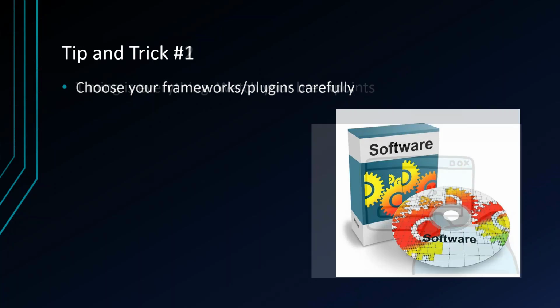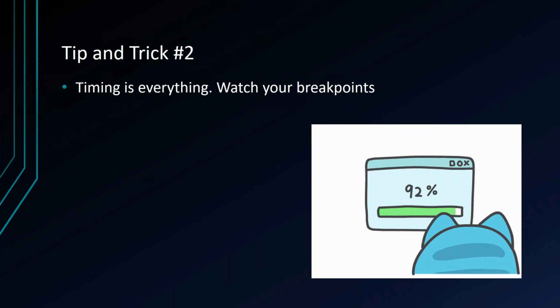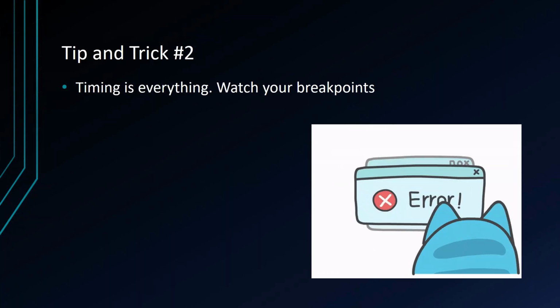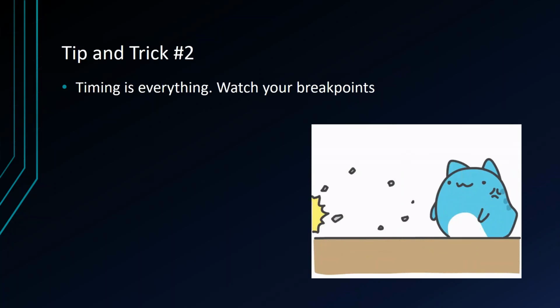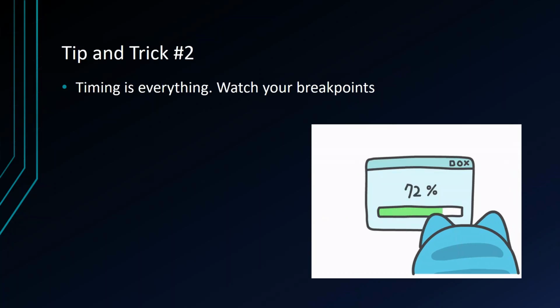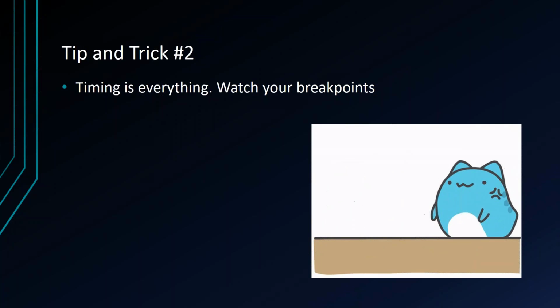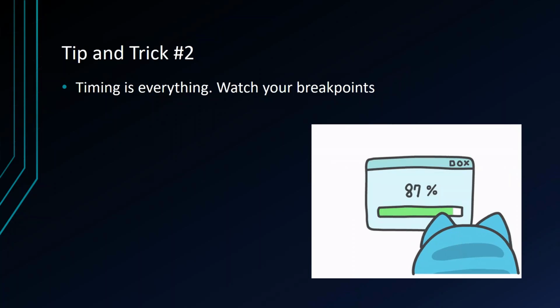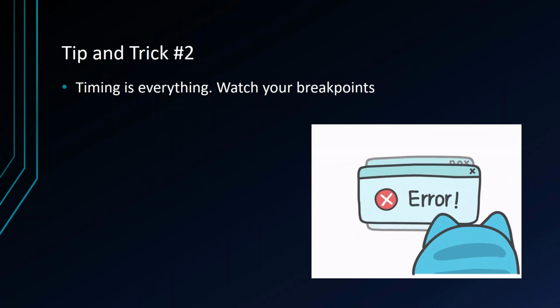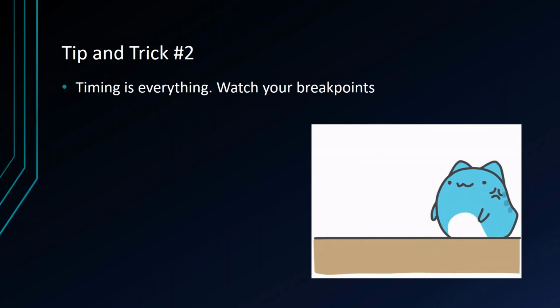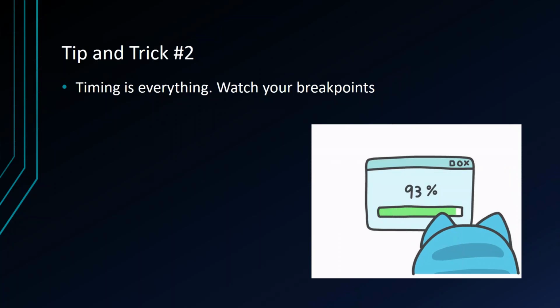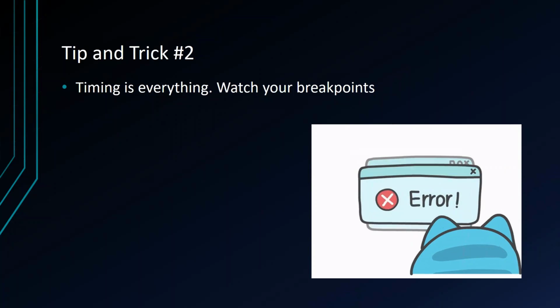My other tip, number 2, is timing is everything, and watch your breakpoints. I've had a lot of similar experiences. I have this frustration where I'm trying to debug something, and I'm thinking, okay, this should say this, and then it doesn't. And the reason is because when you're doing screen reader work, timing on the UI thread is very, very important.